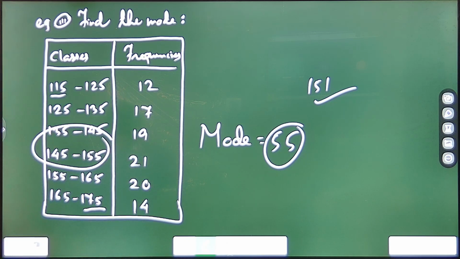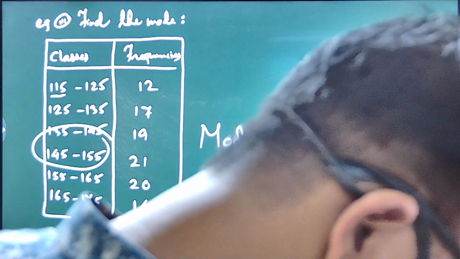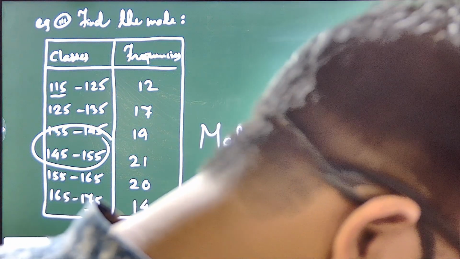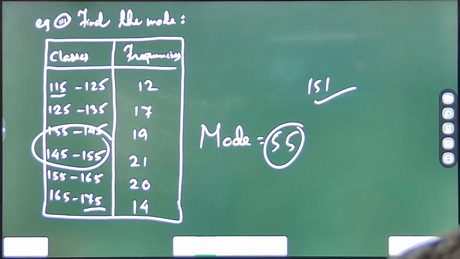One is the same, 151. You got it? Show me once. 55 can't be an option. It will be 145, then 140.